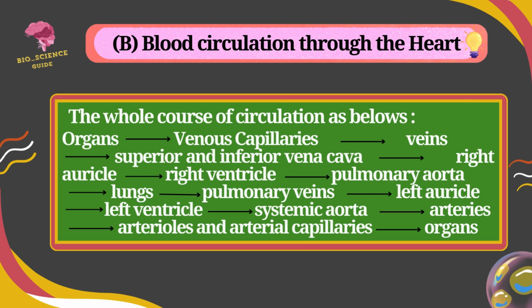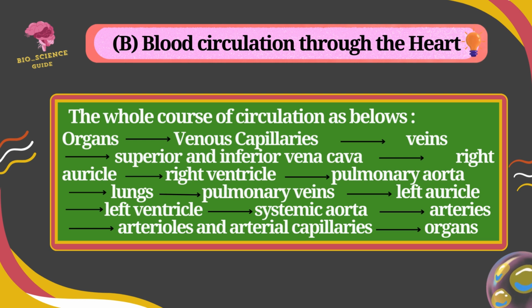Due to contraction of the right auricle, the impure blood is pumped into the right ventricle through the tricuspid valve. When the right ventricle contracts, the deoxygenated blood is pumped into the pulmonary artery through the semilunar valves, and it carries the impure blood into the lungs for oxygenation or purification.